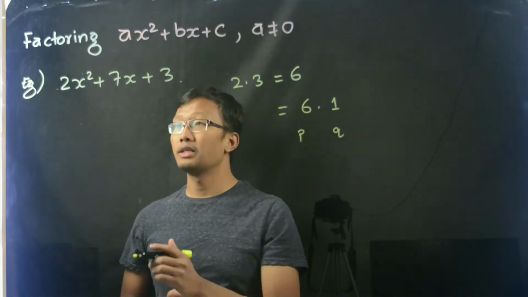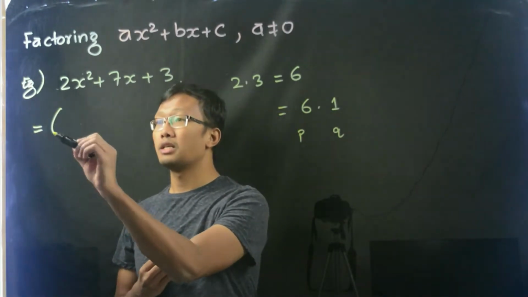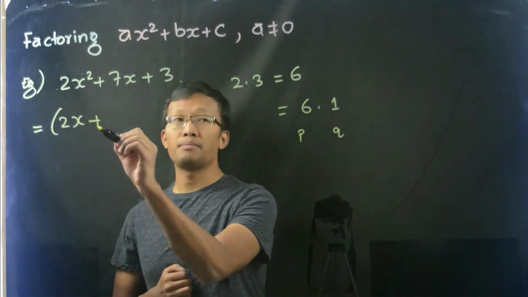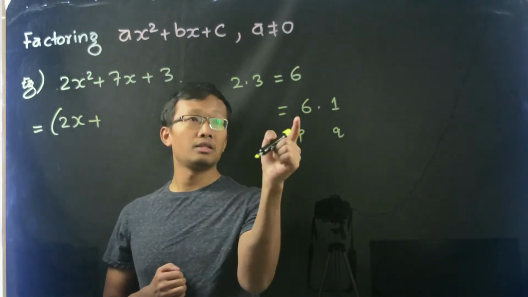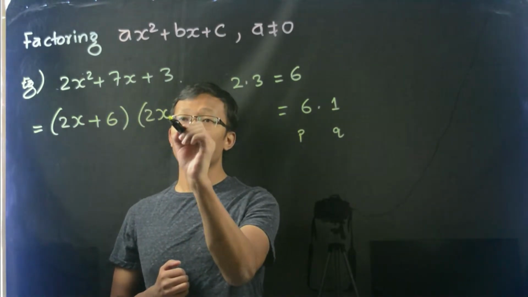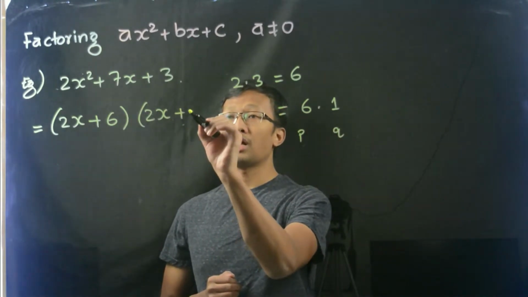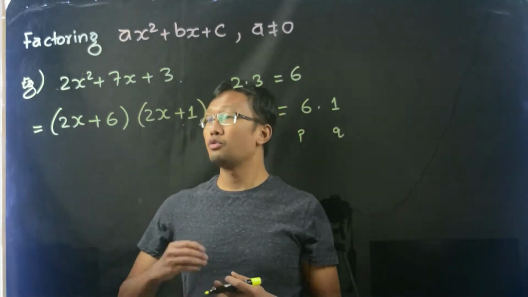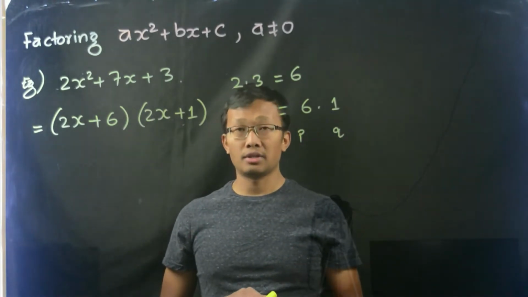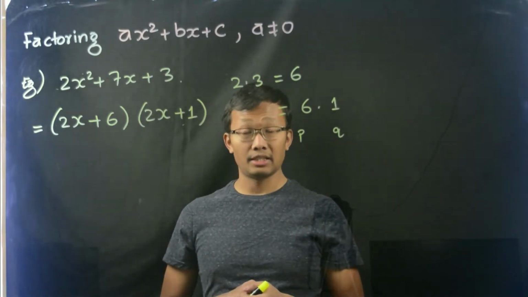Then we can write it the way we have previously mentioned, that is 2x plus p, which is 6, and 2x plus q, which is 1. 2x plus 6, 2x plus 1. Those two are our factors. But we are not done yet.